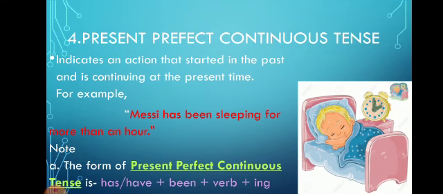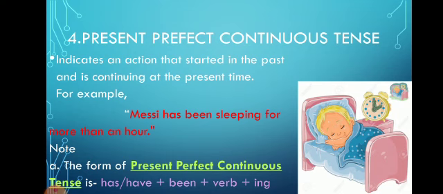But here the time factor is a long period of time. The long period of time could be more than an hour, more than half a day, more than a day, more than a week, months, year. Short span of time is present continuous tense. Long span of time is present perfect continuous tense.